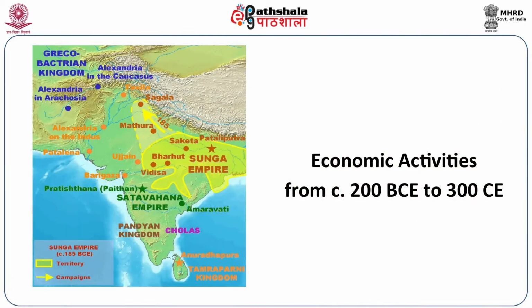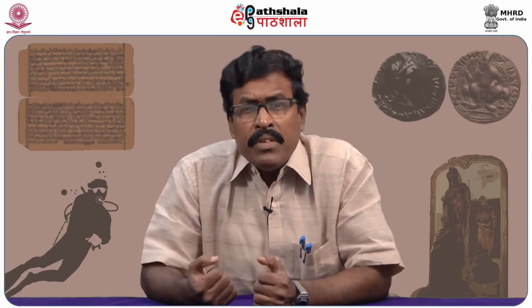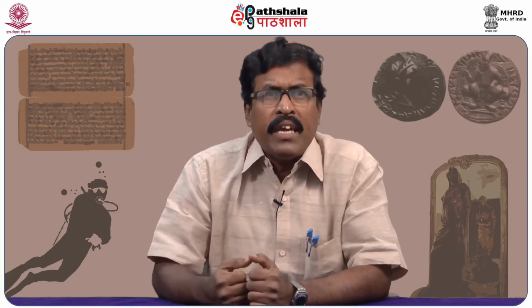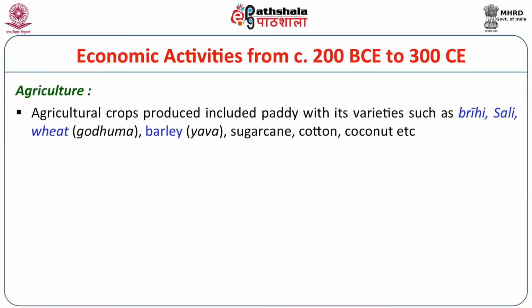During the period 200 BCE to 300 CE, remember students, as our early Indians had moved from age to age, they had developed their economic activities. It means they had developed their experiences and ensured further progress in economic activities. So, what we get? Again, agriculture. Agricultural crops produced included paddy with its varieties.